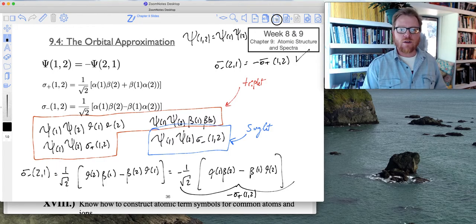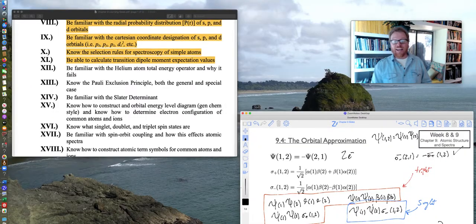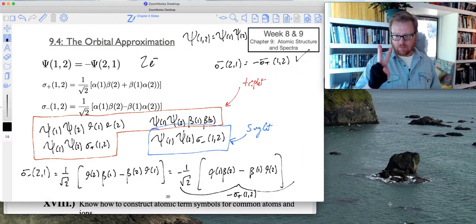So what does all of that mean? Well, what that means is when we have a two electron system, we get two, count them, two possibilities for spin states.